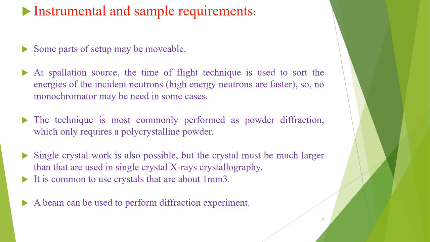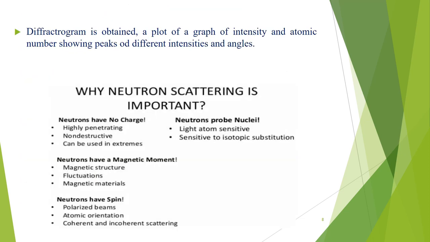A beam can be used to perform a diffraction experiment. Impinging on a crystal sample, it will scatter under a limited number of well-defined angles. According to the same Bragg law that is used to describe X-ray diffraction, neutron diffraction also takes place at well-defined angles.